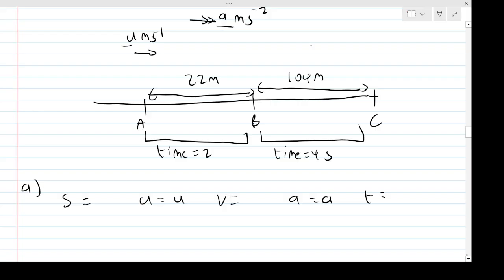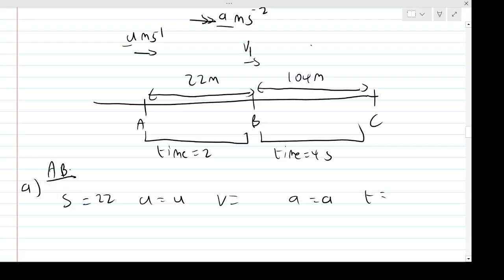Let's start at A. Firstly, let's consider the journey A to B. My displacement is 22, it's moving forward by 22. V, the final velocity, if it starts at A and ends at B, this would be my velocity.